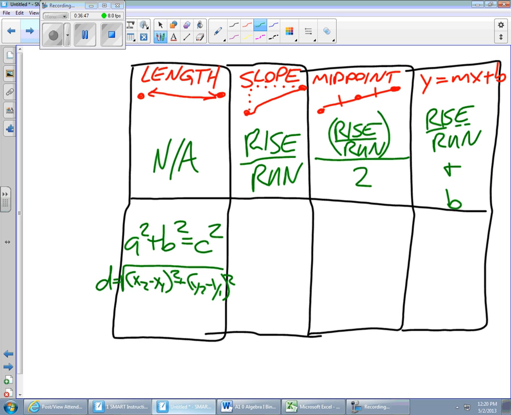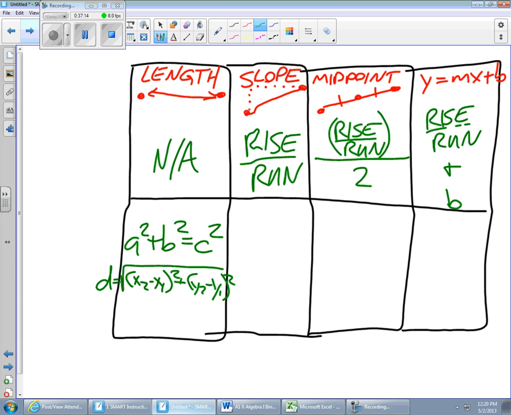The difference of the x's squared plus the difference of the y's squared, and it's all underneath a square root. And whether you realize it or not, the distance formula and Pythagorean theorem are very much the exact same formula. They look very different from each other, but they actually do the exact same math. So anyway, there's those.